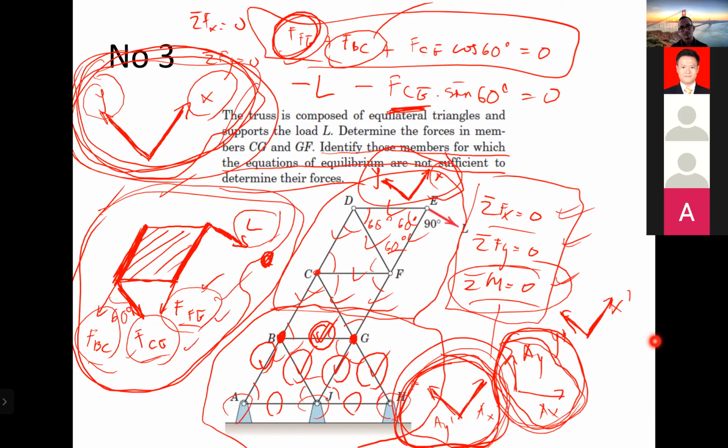So basically, you can use either of these two, whichever will ease your calculation, because the coordinate is up to you. You can choose any kind of coordinate which will ease the calculation.